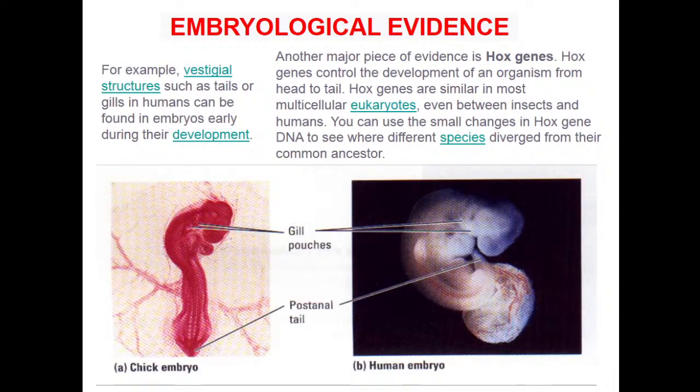It is the same, but when we compare an adult chicken and an adult human, we do not find the same. We do not find these organs, and we do not find morphological or other similarities between chicken and human. But in this period of embryogenesis we can find and compare them as analogous or the same.